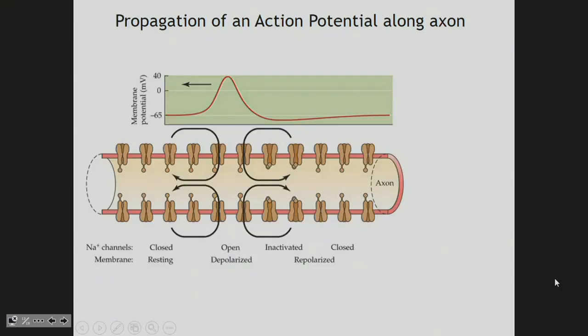So using the same kind of architecture, we've got these neurons, and the whole point is to send these action potentials down the neurons. Those are going to be the signals being sent from one place to another, right? The idea is that the change in membrane potential is going to move as a wave along the cell.